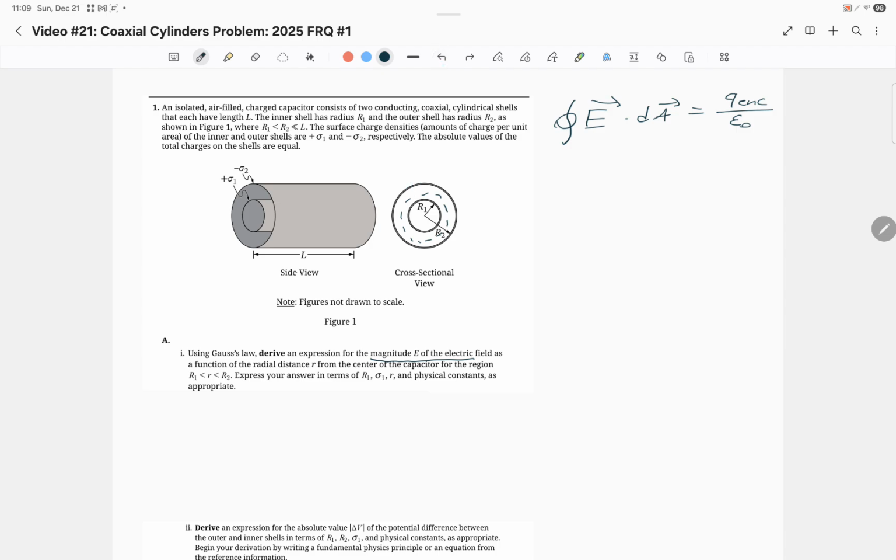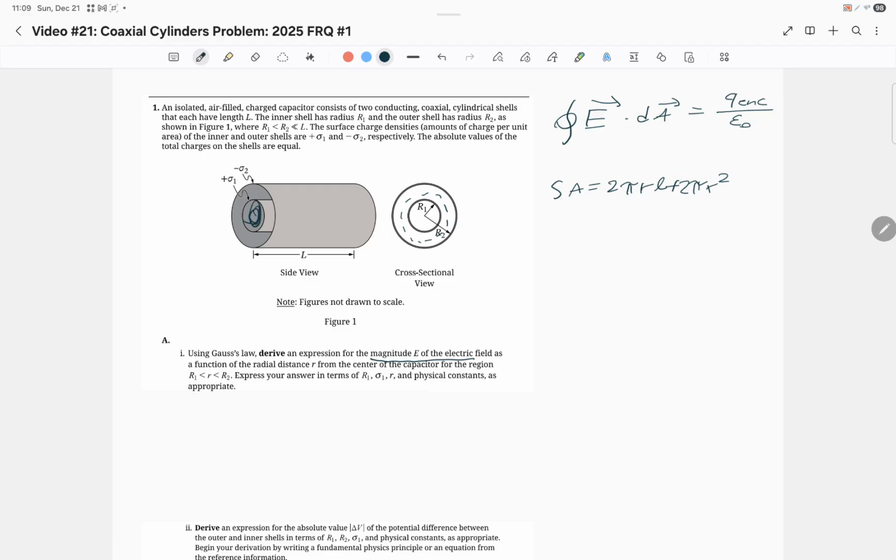The surface area of a cylinder is 2 pi r L, or 2 pi r h, plus 2 pi r squared. We're not going to worry about the 2 pi r squared because that represents the caps of our cylinder.